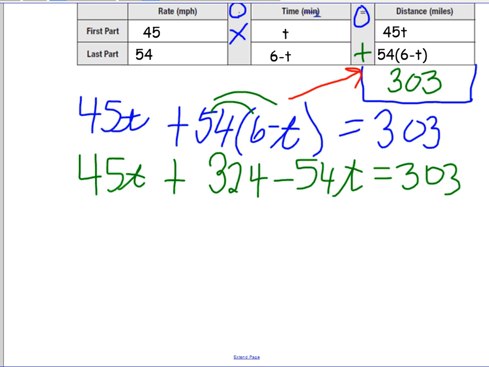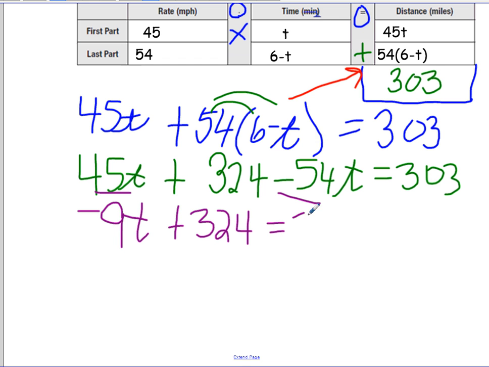Okay, now let's combine like terms. We have 45 minus 54 for our terms with the t, and that will give us negative 9 when we combine them. So negative 9t plus 324 equals the 303.